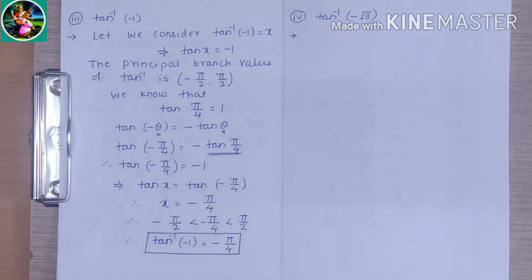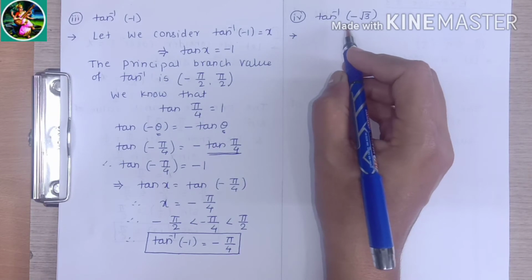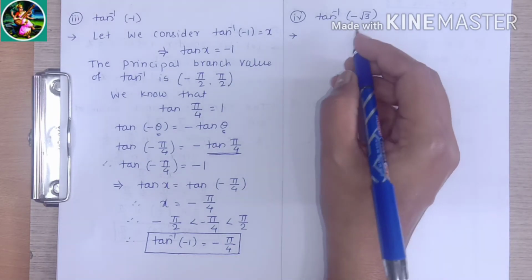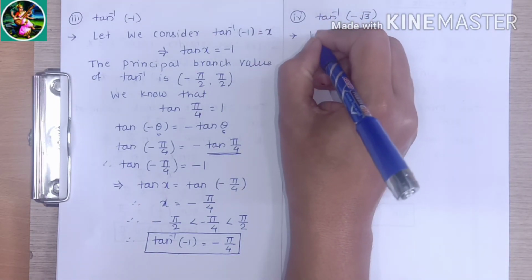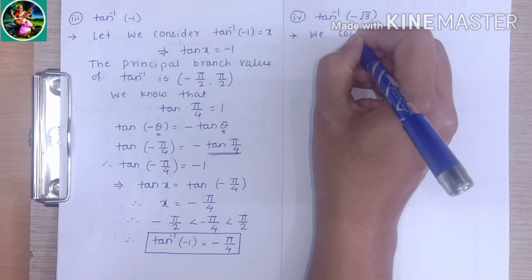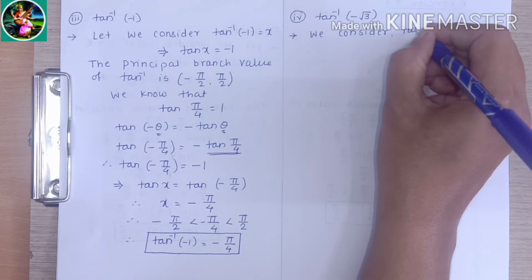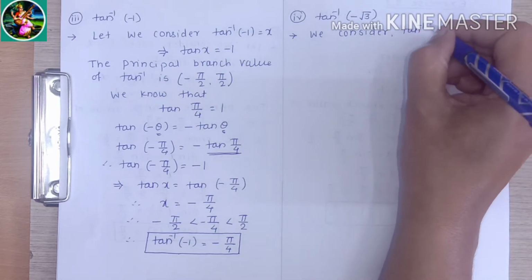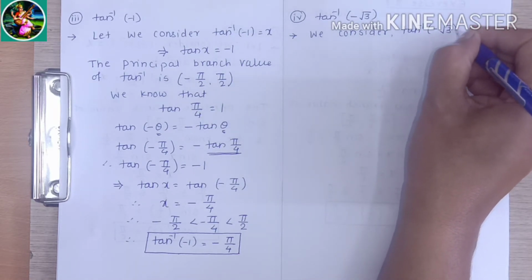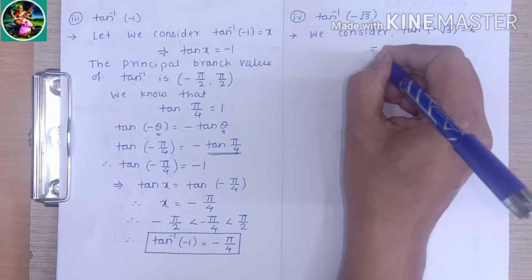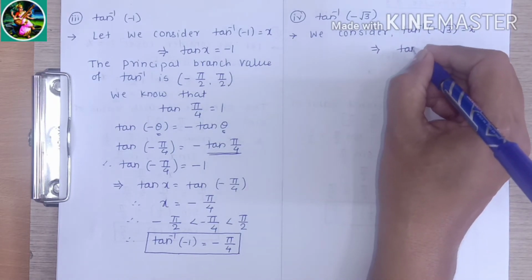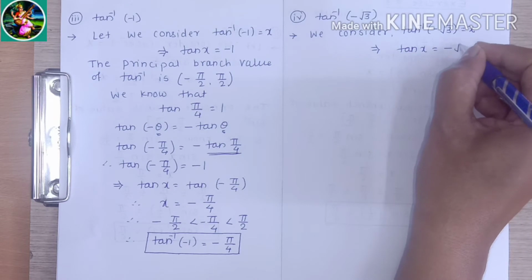The next example is tan inverse of minus root 3. Here also we consider tan inverse of minus root 3 is equal to x. It will give tan x is equal to minus root 3.